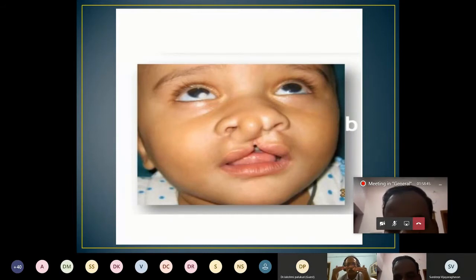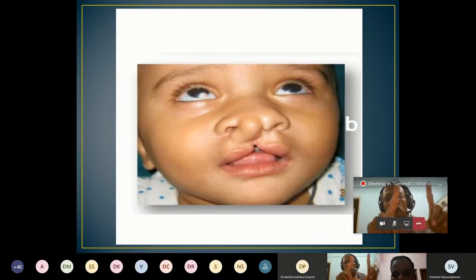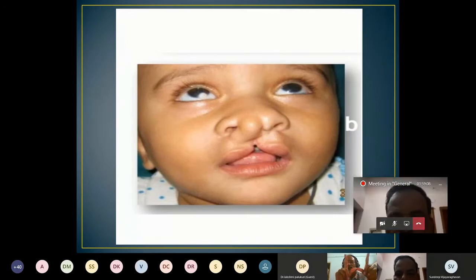So you see, suppose these are the two lines. You want to convert this into a Cupid's bow like this. Your Cupid's bow is like this at present. You want to make it like this. So you want to lengthen the central part of the skin.